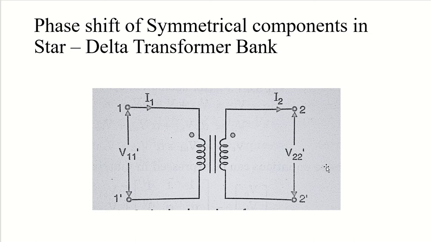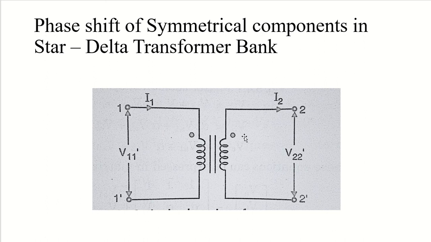Now for this transformer, if we neglect the small amount of magnetizing current that is present here, and if we only focus on the primary current I1 which is entering from the dotted end, what will happen? This primary current I1 will cancel the demagnetizing mmf of the secondary current.